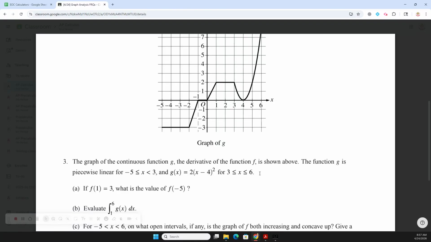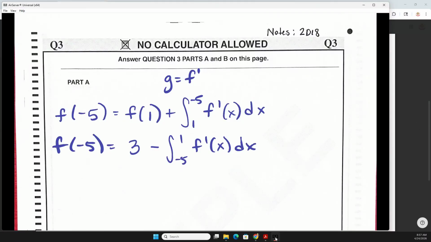All right, so we need to find the integral from -5 to 1. And if I'm looking at this, -5 to -2 is a rectangle. So let's go ahead and do that area first. Since we are going to subtract multiple things, you definitely need those brackets.